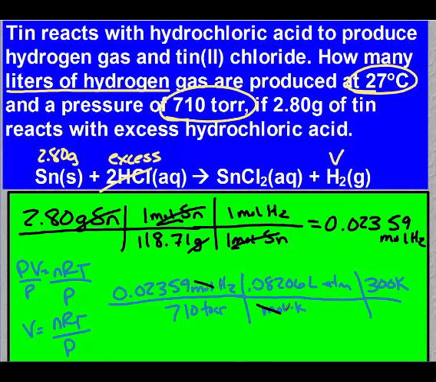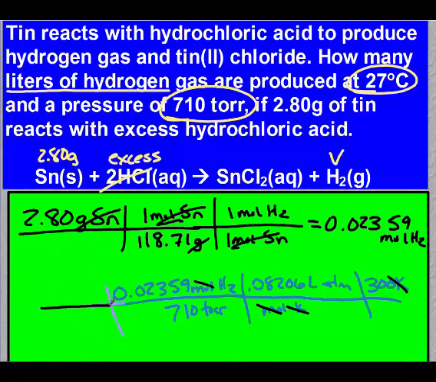So my moles cancel. My Kelvin cancels. My ATM does not cancel, so I need one more step in there. And so 760 torr is 1 ATM. Torr cancel, ATM cancel. And you could have done that step on the left or the right, doesn't matter.